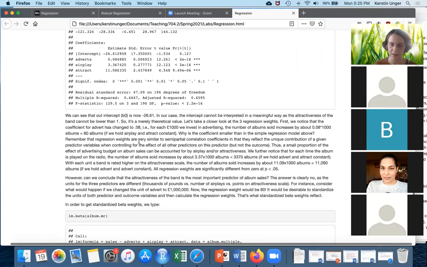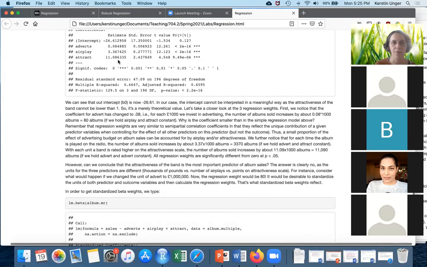So that means, again, the interpretation is: airplay increases by 1 unit. So if the album is played 1 more time on the radio, for each time the album is played on the radio, we are selling 3,370 more albums. Yeah, not really, it's roughly that if you round it up.